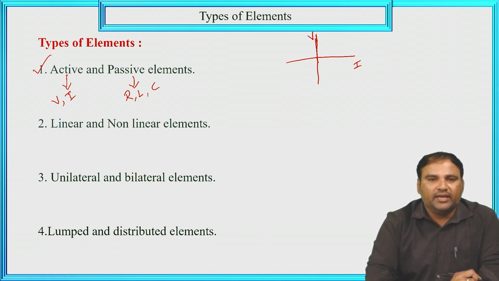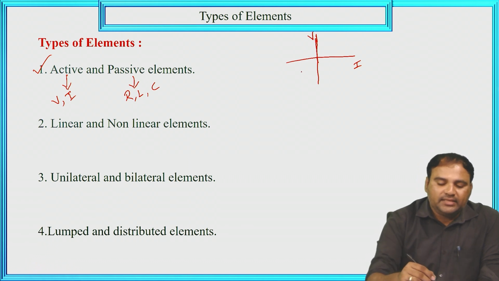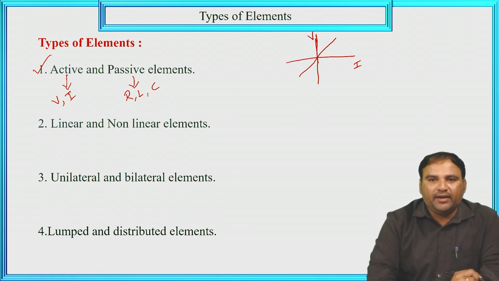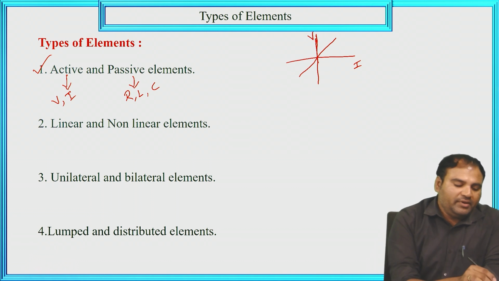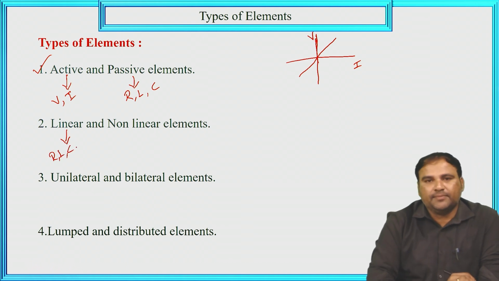We can call them linear elements. Examples of the linear elements are resistor, inductor and capacitor.